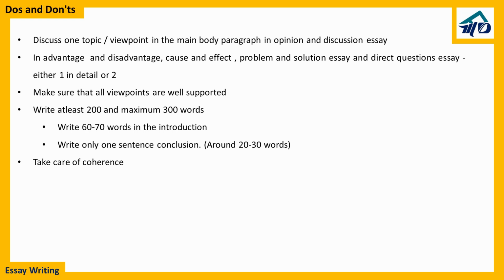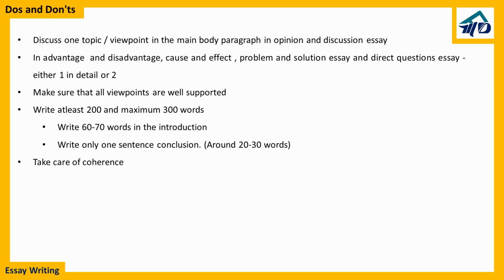Now you will ask me, what about a discussion essay? Well, you have to give your opinion in a discussion essay also. So you will say I agree with the first viewpoint. In the second paragraph, you will favor the first viewpoint. In the third paragraph, you will write against that viewpoint. Why? Because this is a requirement of the essay, discuss both viewpoints.